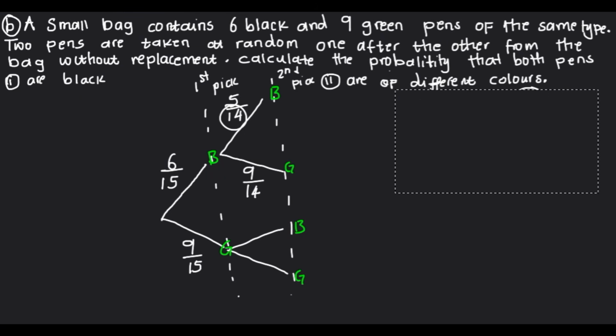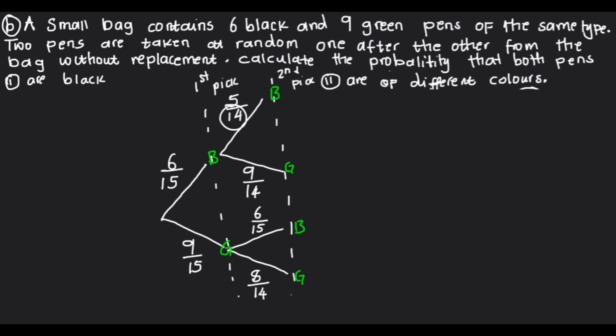Now for the other branch, we are going to assume now it was a green picked. So we assume it was a green picked, so the 9 green pens will remain, 9 over 14. Then here we are going to have 6 over 15. So to some people it may be confusing. How come we said 5 over 14?